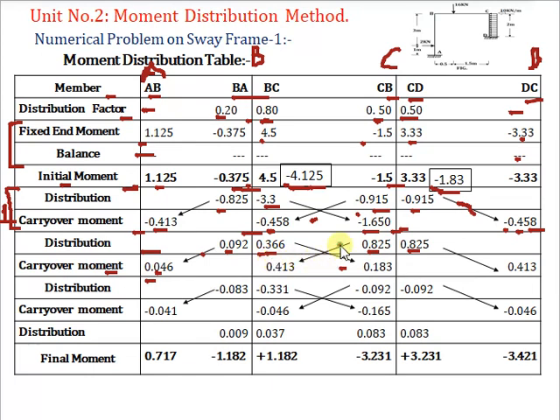Carry half the moment from C toward the far end B: 0.825 divided by 2 becomes 0.413. Carry half the moment from joint C toward joint D, so it becomes 0.413. After the carryover moment, we have completed the second iteration.